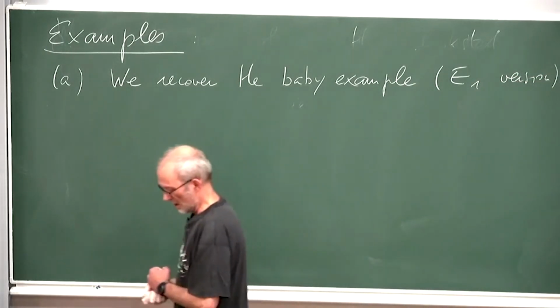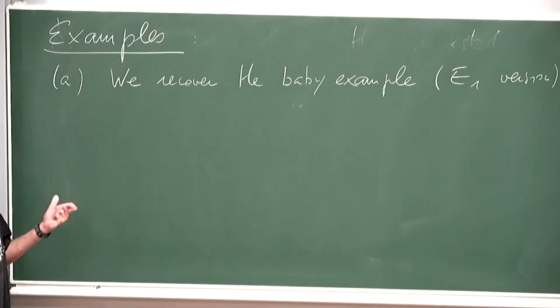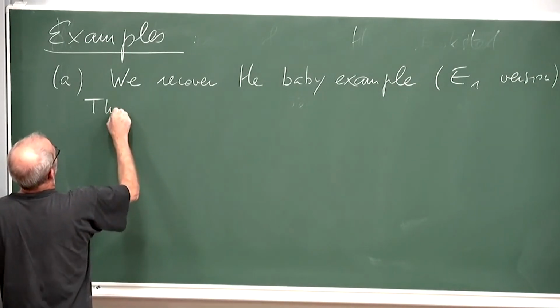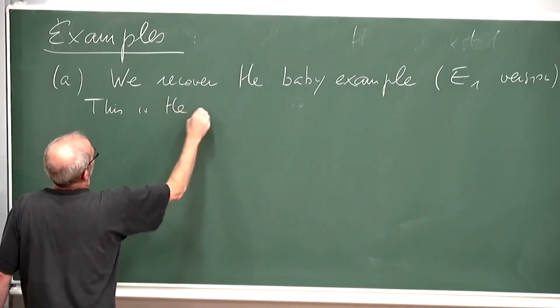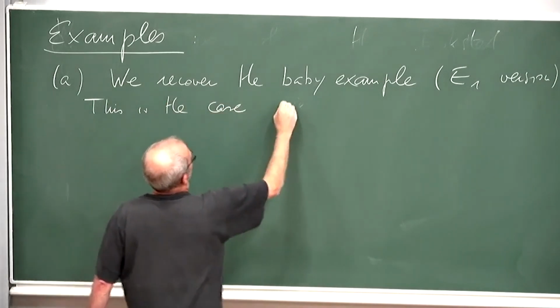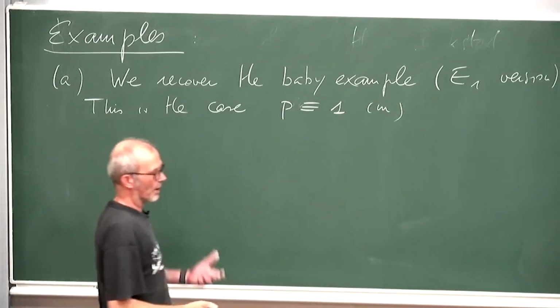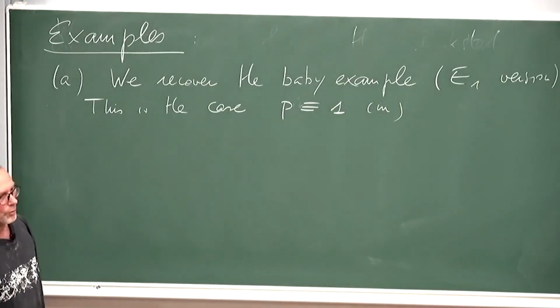And here we are in the case where P is congruent to 1 modulo M. Remember, we were adjoining a P minus 1 root of V1.